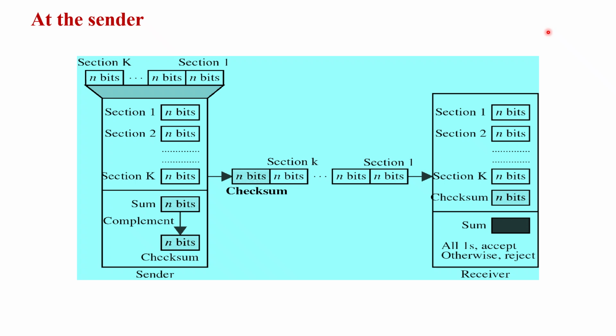Next, this sum is complemented and the result becomes the checksum. Finally, the checksum is appended to the original data and sent to the receiver. This simple and effective process helps ensure that any errors during transmission can be detected at the receiving end.